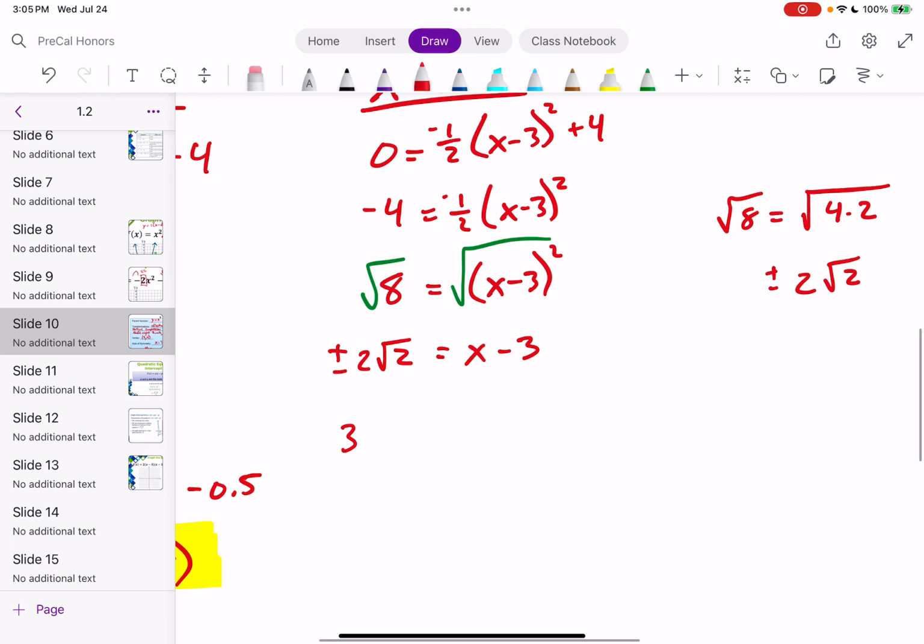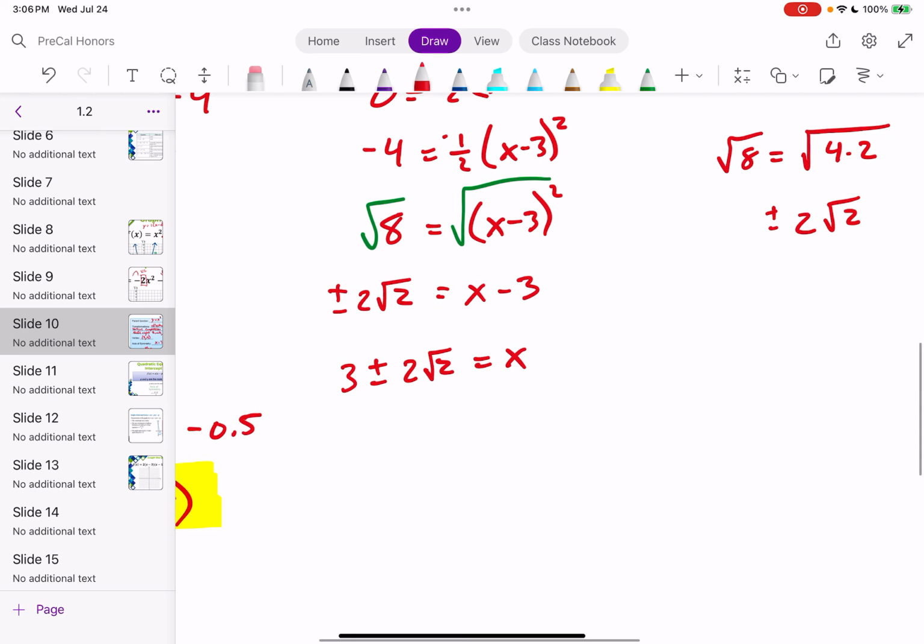We have 3 plus or minus 2 square root of 2 is equal to x. And that would be our x-intercept.